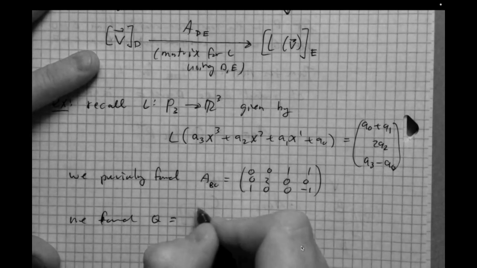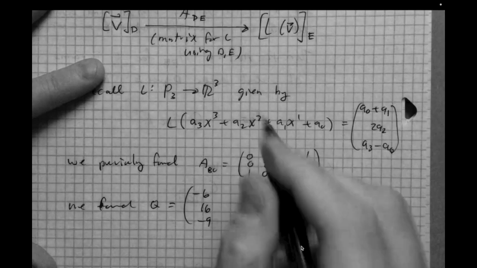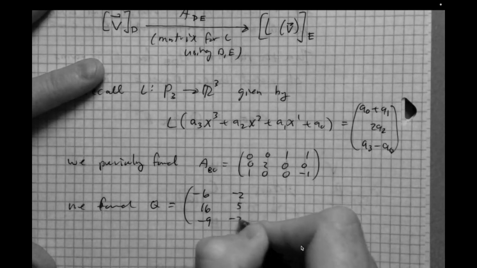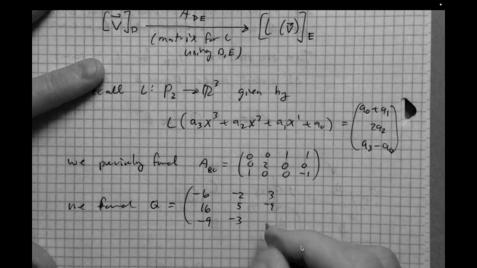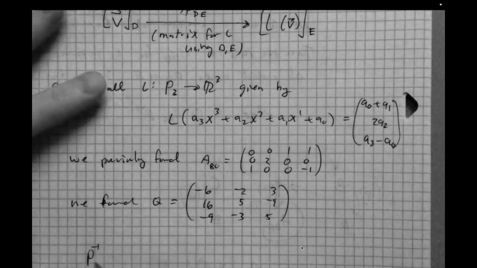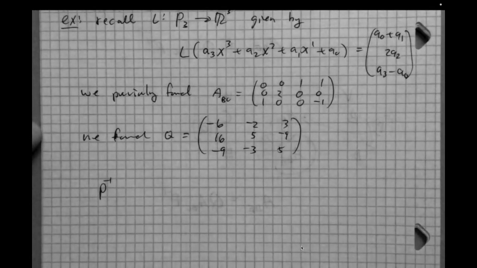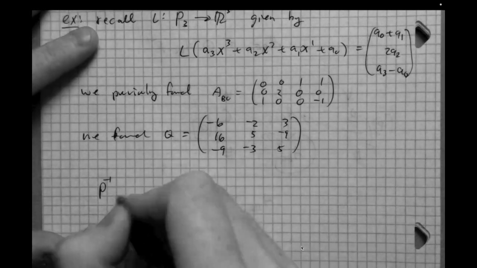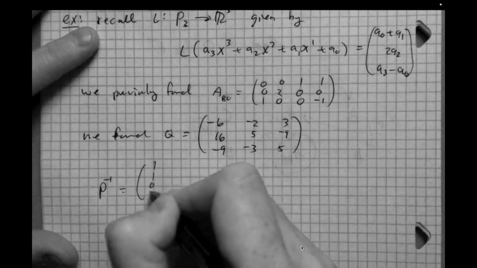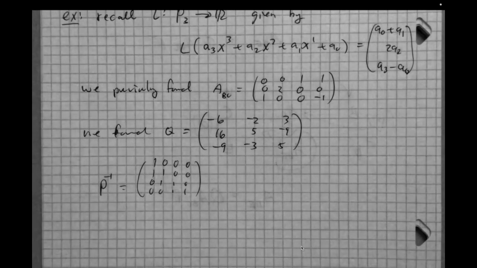And we said Q was equal to, I'm kind of digging these out, negative 6, 16, negative 9, and then negative 2, 5, negative 3, and then 3, negative 9, 5. Now, P inverse, I'll just tell you what it is. P inverse is the inverse of the transition matrix P that goes from D to B. Right, but you may have to spend a little time figuring out what P is first and then P inverse. But P inverse, it turns out, is 1, 1, 0, 0, 0, 1, 1, 0, 0, 0, 1, 1, 0, 0, 0, 1. It's a nice looking matrix.